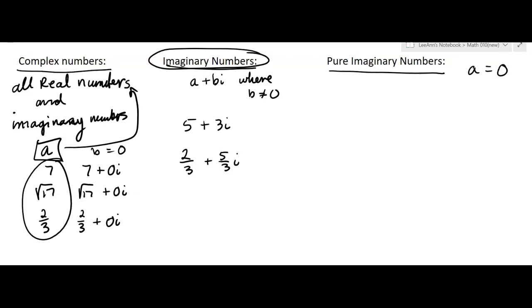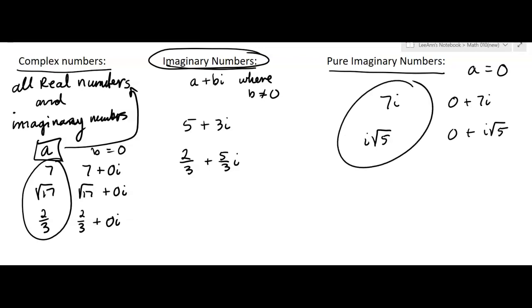So that's when you just have something like 7i, or the square root of 5i, and we're going to put the i in front of the radical. Okay, those are pure imaginary numbers because there's no plus a. Now, if you wanted to write it in a plus bi form, you'd write 0 plus 7i. 0 plus, I'm going to write i square root 5. Okay, but these are pure imaginary numbers where a equals 0.